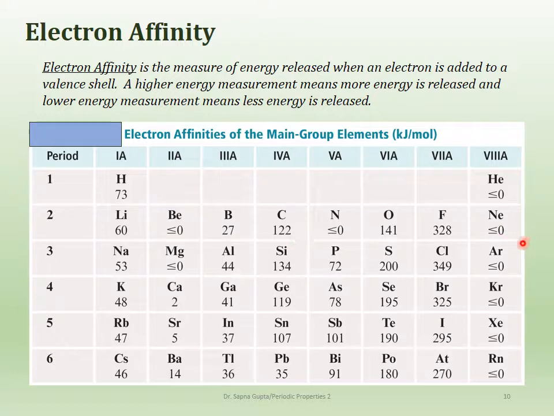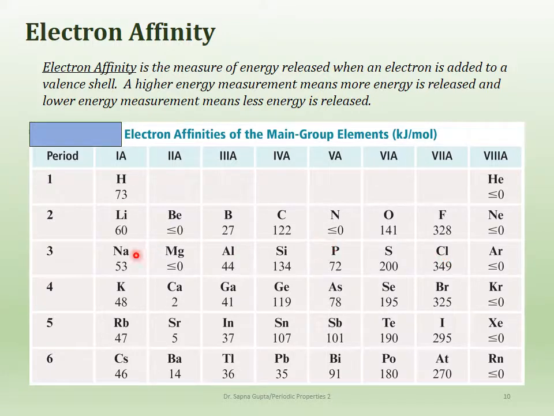As you can see, the trend is that if you go from left to right within a row, the energy released is much higher as you go to the right than to the left, which means that it is harder to add electrons for the metals than it is for the non-metals.